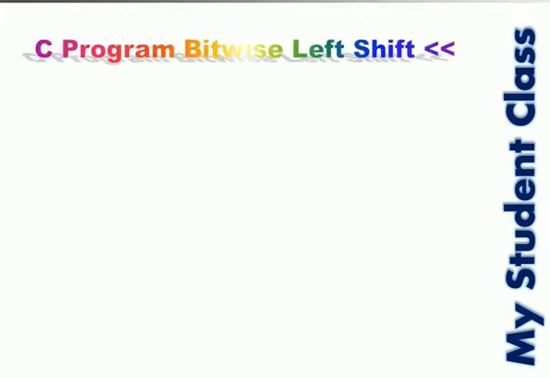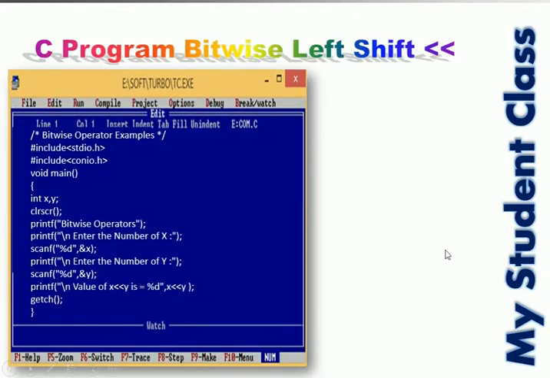Now we are going to execute this through our program, the left shift operator in a C program. We have taken our header files, and we have declared the variables x and y as integer data type.